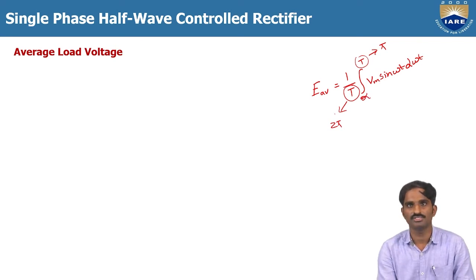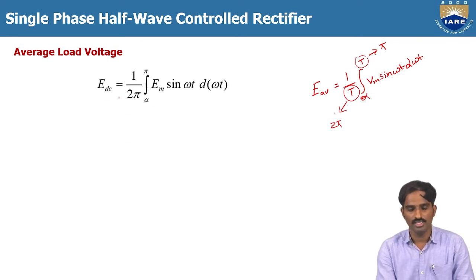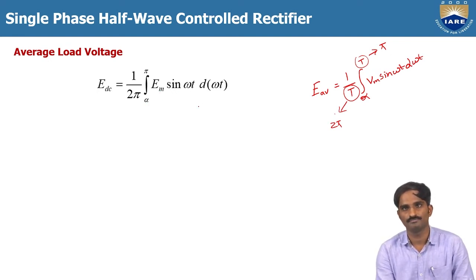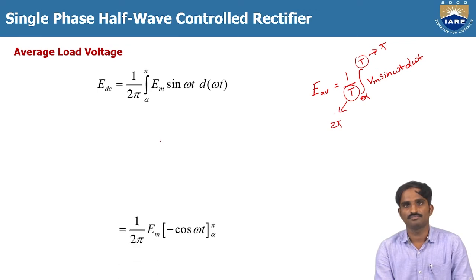The same equation you can see here, the EDC, which is equal to, because anyway the output voltage is DC, 1 by 2 pi integral alpha to pi, because the output voltage that we are getting is from alpha to pi only, alpha to pi Em sin omega t d omega t. Then you can just apply the integral to sin omega t, then apply the limits.